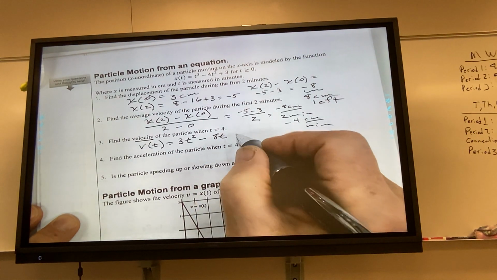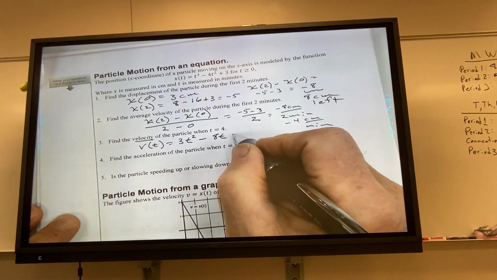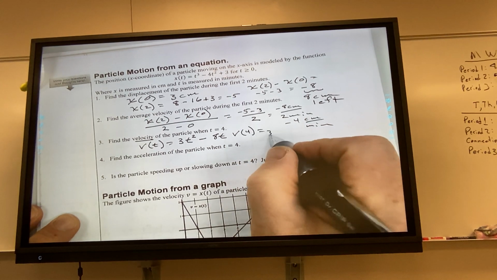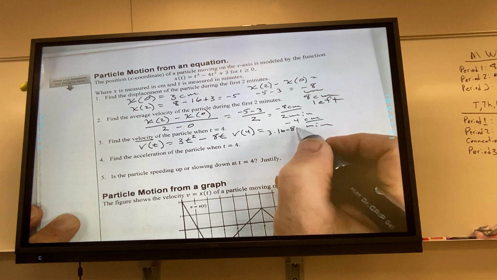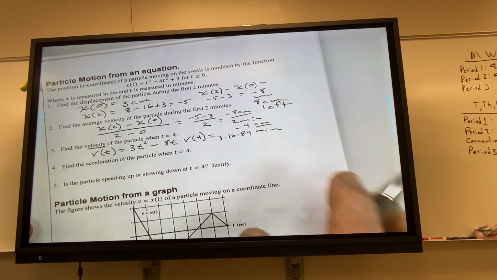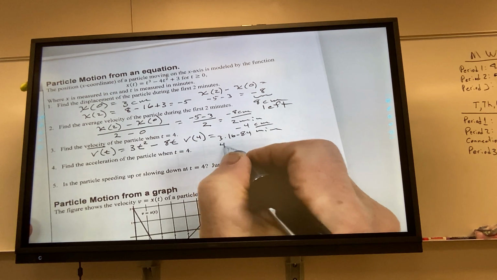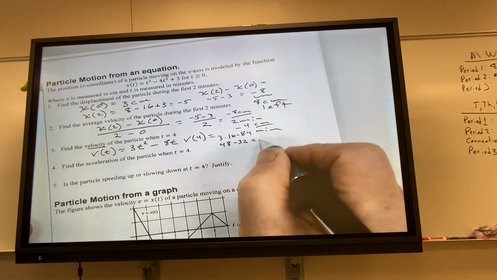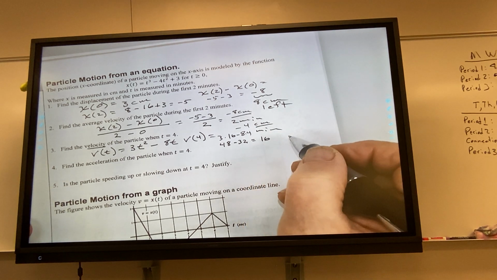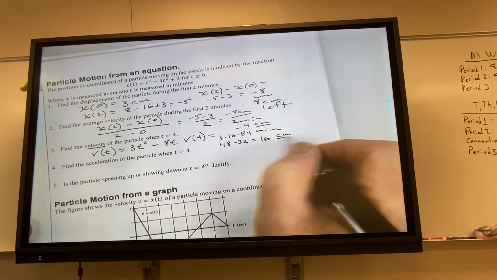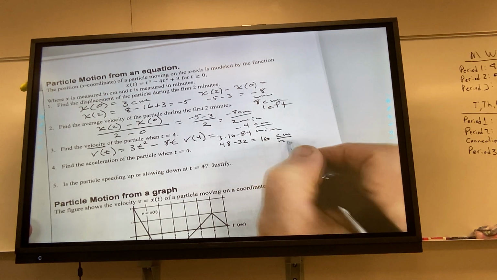And then what am I going to do with that? Plug in 4. And when I plug in 4, I'm going to get 3 times 16 minus 8 times 4. Would you agree? I think this is 48. I think this is 32. I think you get 16 what? Centimeters per minute.